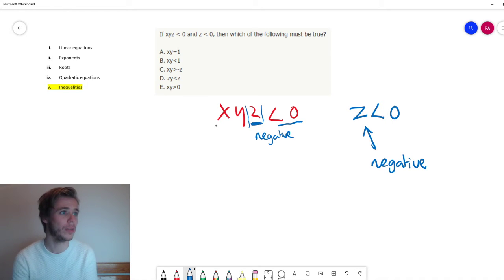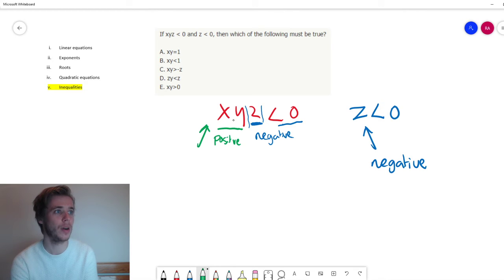What do we know about the xy part? Is it 1? No, that doesn't make sense. It can also be other numbers and still be smaller than 0. We know this part must be positive. xy must be positive. Why?